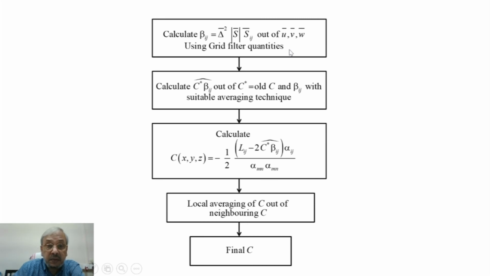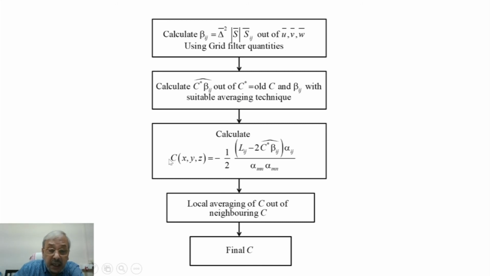Calculate C star into beta ij, C star into beta ij with a circumflex, where C star equals old C, and beta ij with a suitable averaging technique.